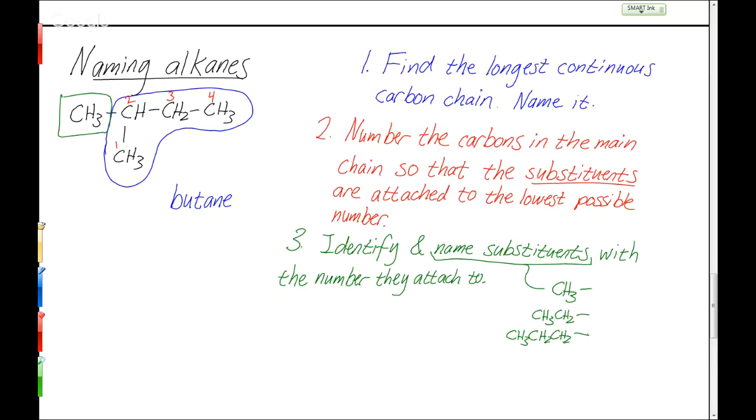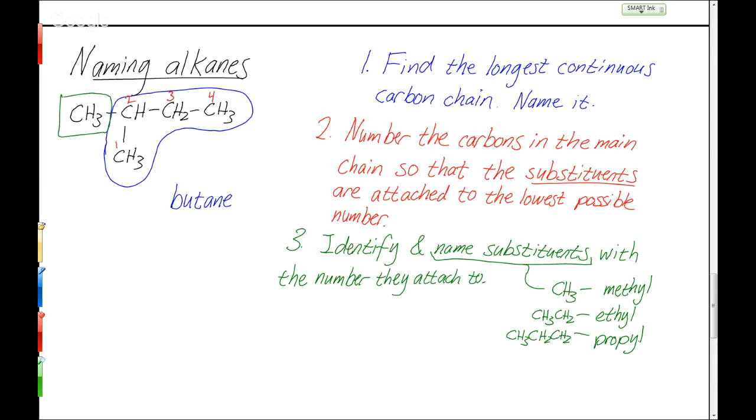So instead of calling CH3 methane, we call it methyl, M-E-T-H-Y-L. Instead of calling a 2-carbon substituent ethane, it's ethyl. And then a 3-carbon is propyl. And those all have to be connected in order like that to get those different names.